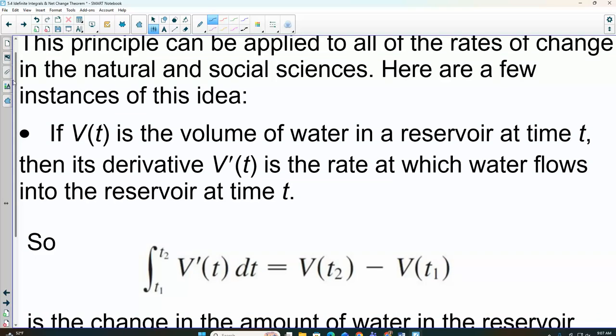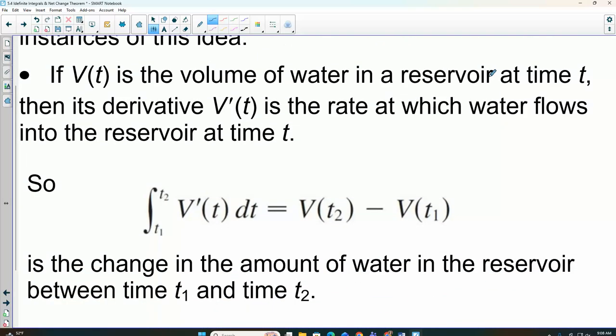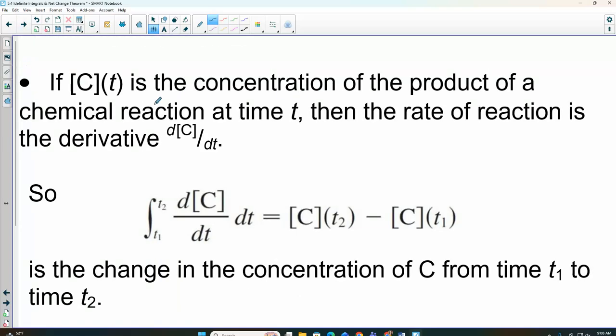So if V is the volume of water, then the derivative is the rate the water is flowing in, right? So if you integrate that rate, you get the overall change in the water in the reservoir. Or if C is the concentration of a product of a chemical reaction, the reaction rate is the derivative.